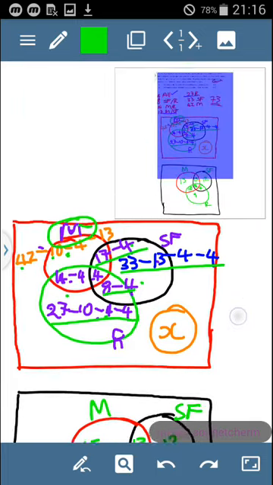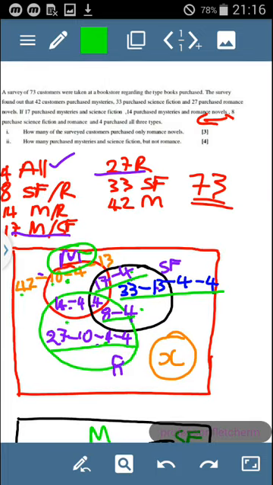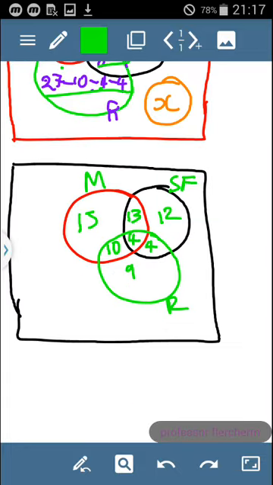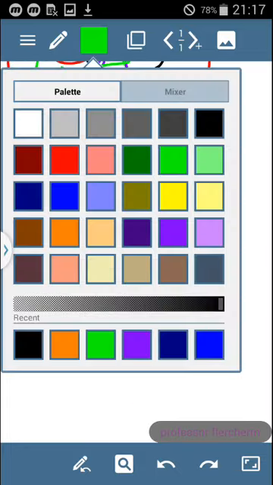But also we need to know that there were a total of 73. But before we go there, let's see what the question asks for. How many of the surveyed customers purchased only romance? So this will make our life very easier from our diagram.